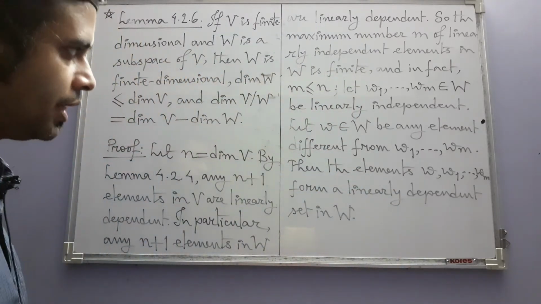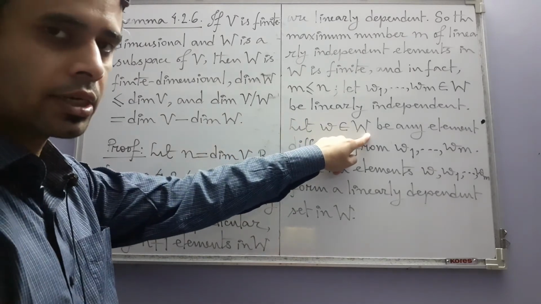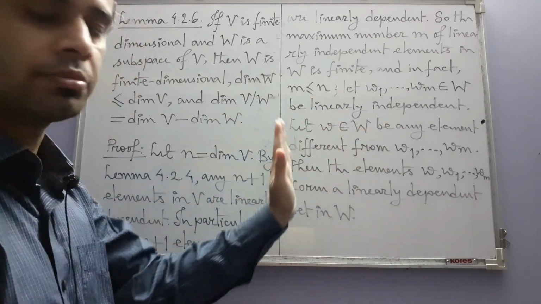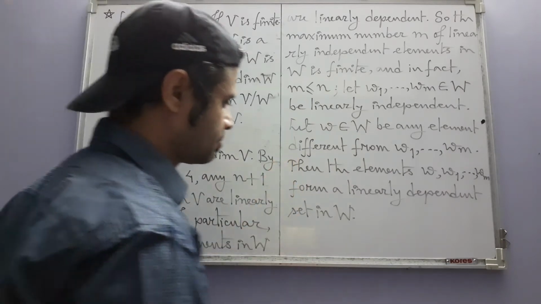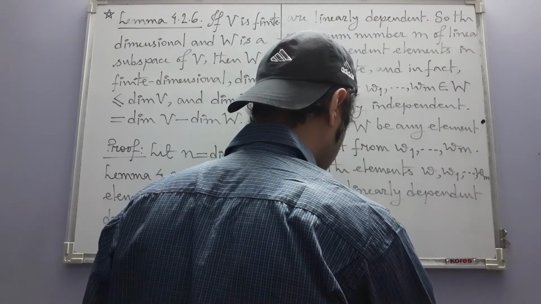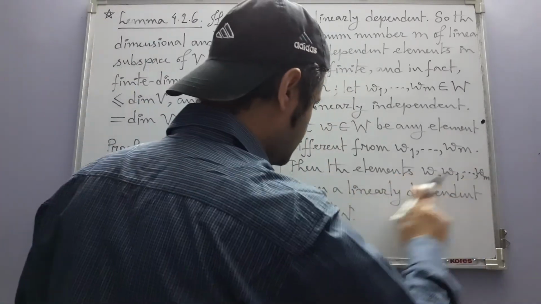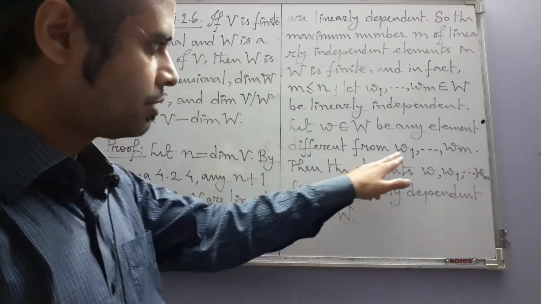So we have chosen small w to be a vector in capital W different from the wi's.